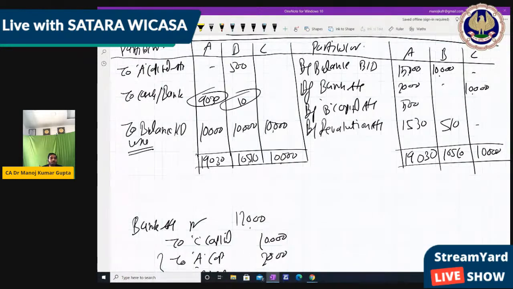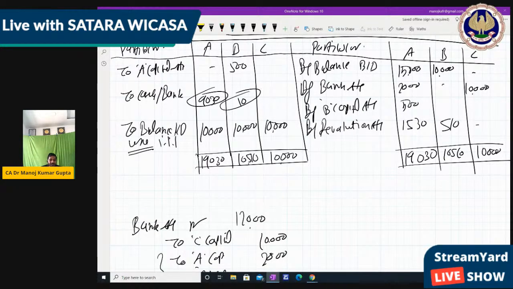Now all partners are equal partners, that is 1:1:1. So their capital should also be 1:1:1. So that capital is 10,000, 10,000. That's why the balancing figure is different. That is, we had transferred to cash because they say they had withdrawn. So 9,030 and 10 they withdraw, and the future capital is 10,000 each. So their profit sharing ratio and their capital become the same.